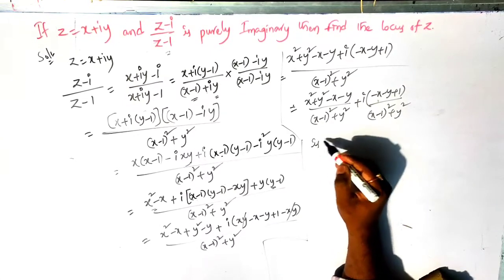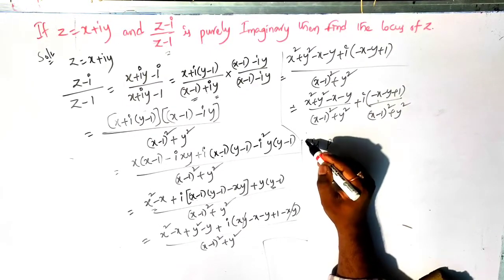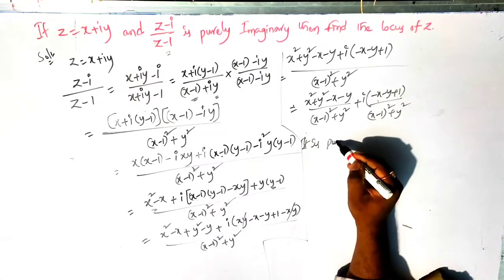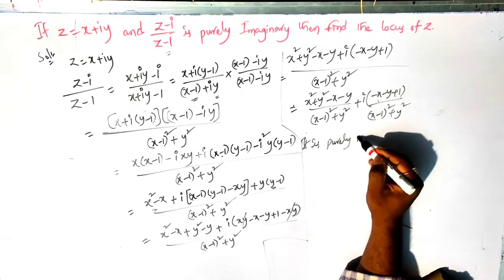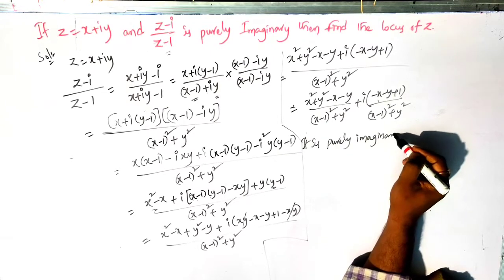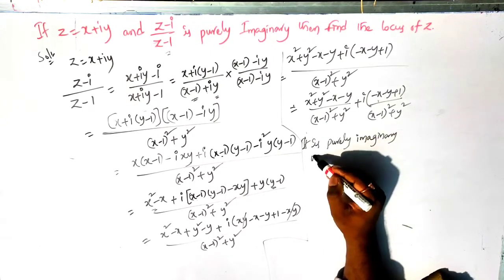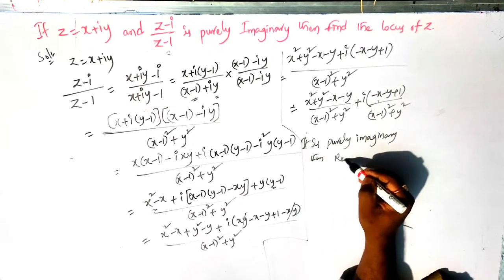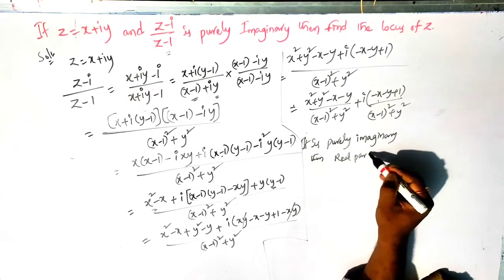So it is purely imaginary. Then the real part is equal to 0. So what is the real part here?